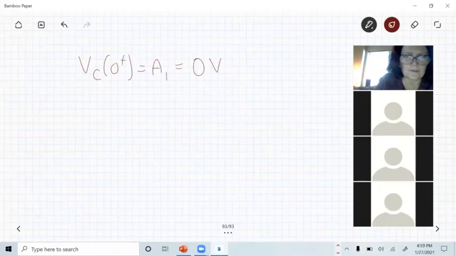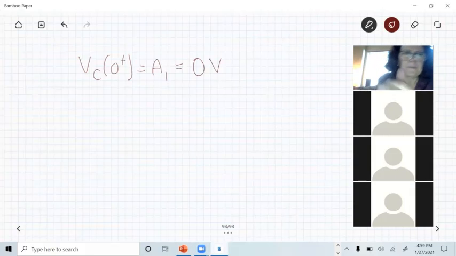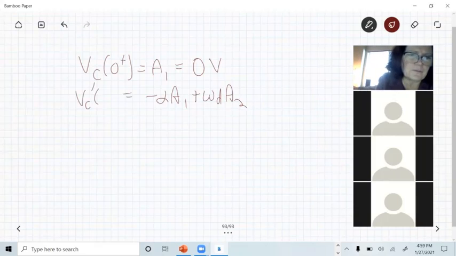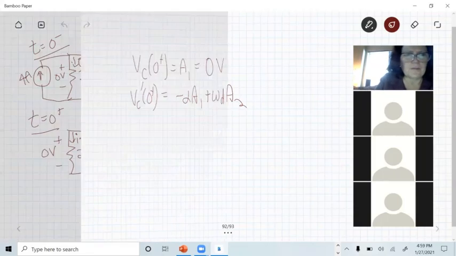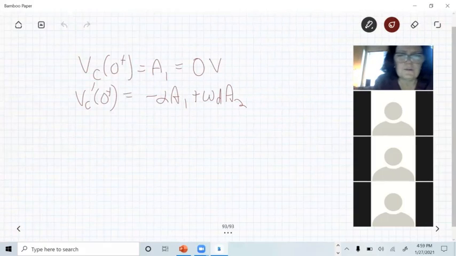And the other equation is the rate of change of V: minus alpha A1 plus omega D A2 equals VC prime of 0 plus. And we've got a number for VC prime. It was minus 16 volts per second. So this equals minus 16.